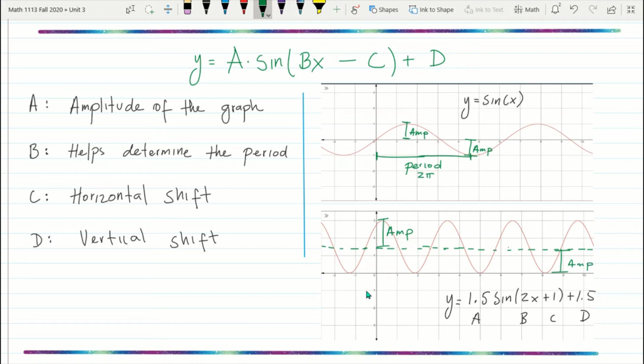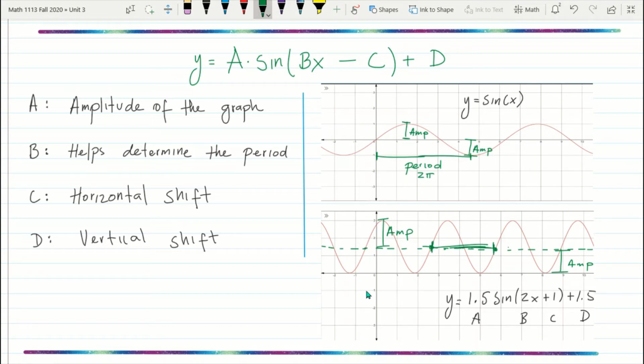Then we talked about the period. So how long does it take for it to go through a full cycle? Meaning, if I start here, for example, how long until it goes back up, down, and to here? Alright, so from here all the way to here is one full period.